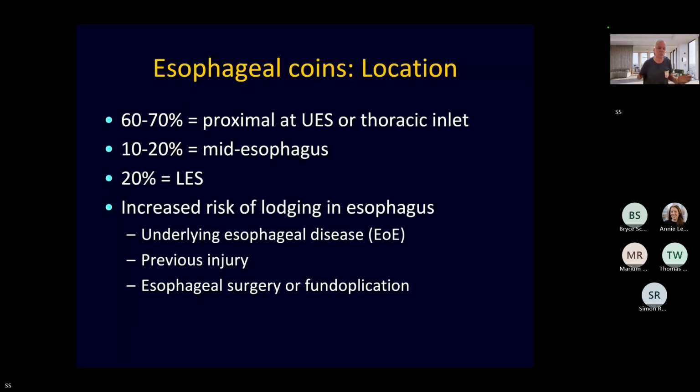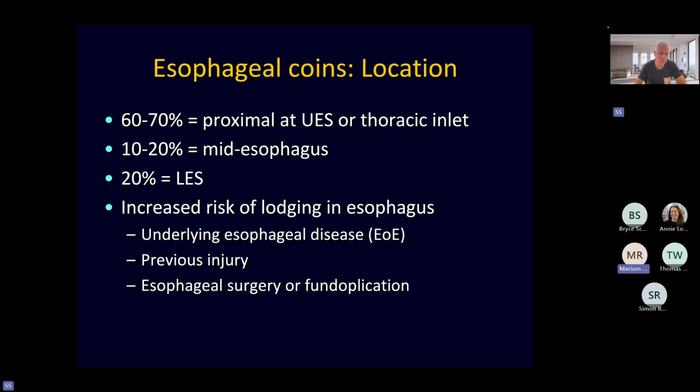Now, looking at these three locations, what worries you about the mid-esophagus and LES location? Anyone? Aside from your attendings? In relation to their relationship with other anatomical structures that could be impacted?